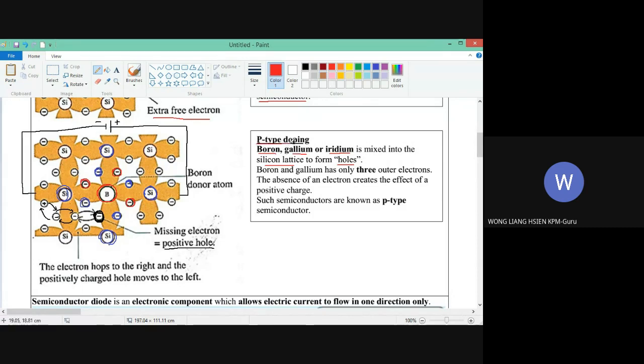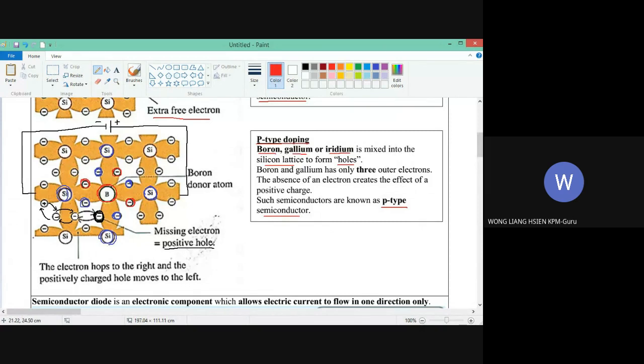We call this p-type doping because it increases the positive charge, or we dope the silicon with positive charge carriers. And this type of semiconductor, we call the p-type semiconductor.